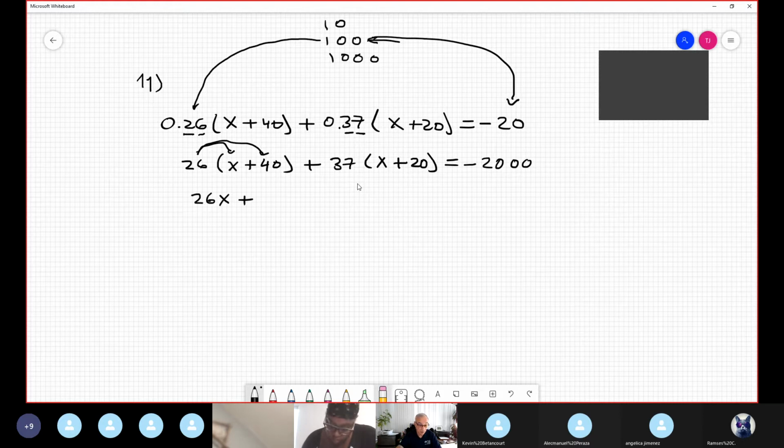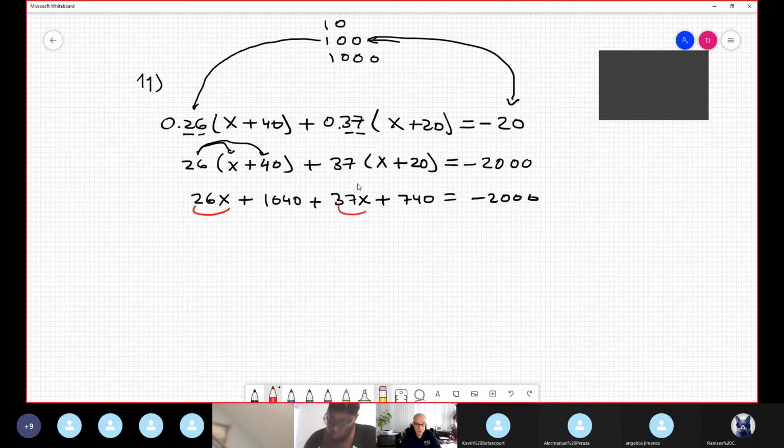Of course, we can use a calculator now. I multiply 26 times 40, is 1,040, plus 37x plus 37 times 20, it's 740, equal minus 2,000.